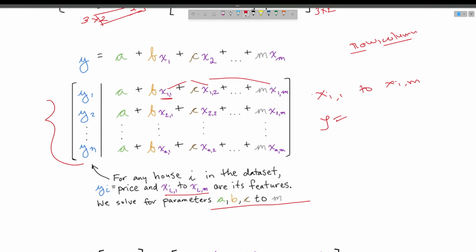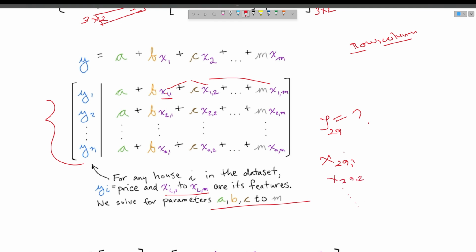So if you have lots of equations, for example, there is a house which is house 29, and it has lots of features, x 29,1, x 29,2, and so on.